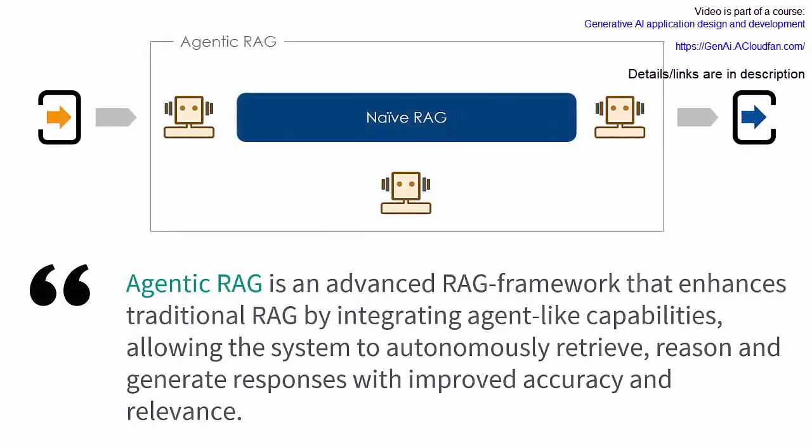Agentic RAG is an advanced framework that enhances traditional RAG by integrating agent-like capabilities, allowing the system to autonomously retrieve, reason, and generate responses with improved accuracy and relevance.